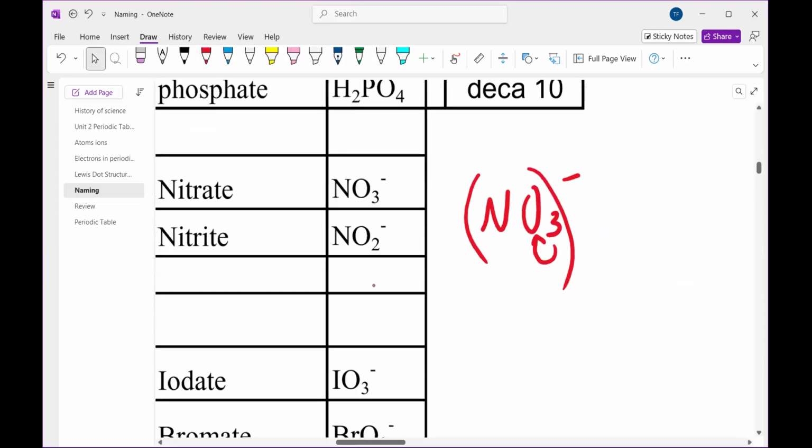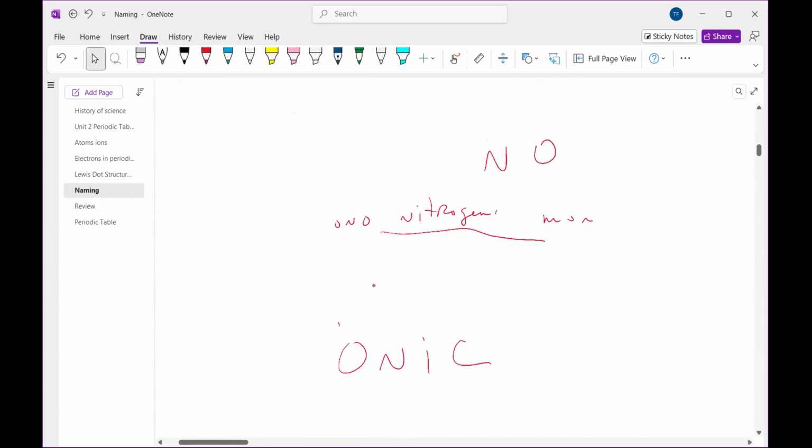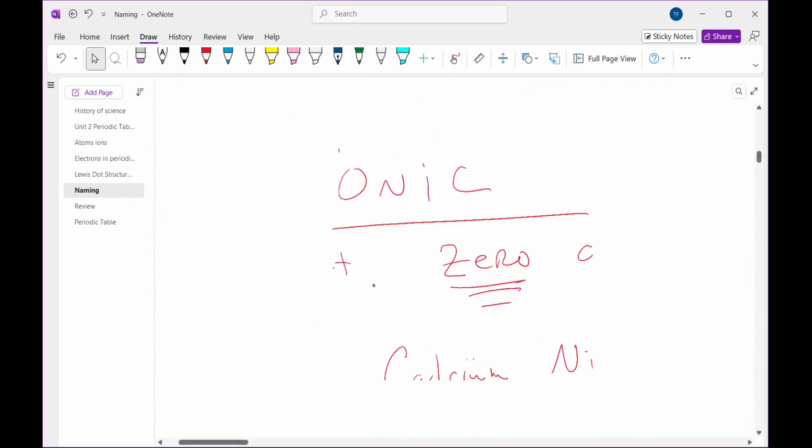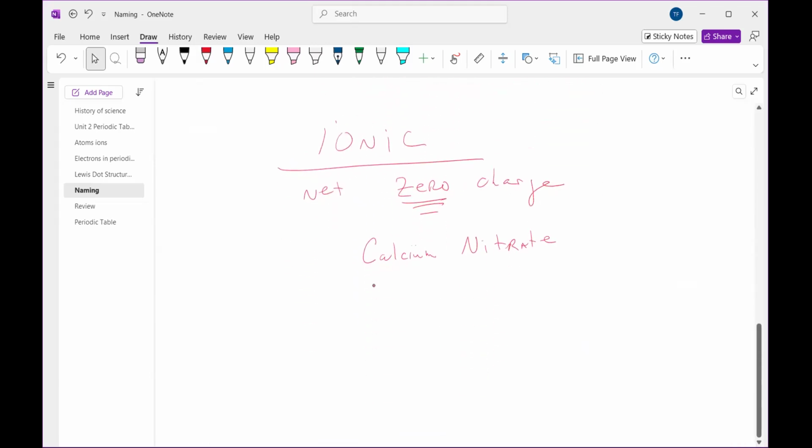Okay, so after saying all that, calcium. To have a net 0, we need 2 nitrates. So we're going to go calcium, and we need parentheses because we have a group.